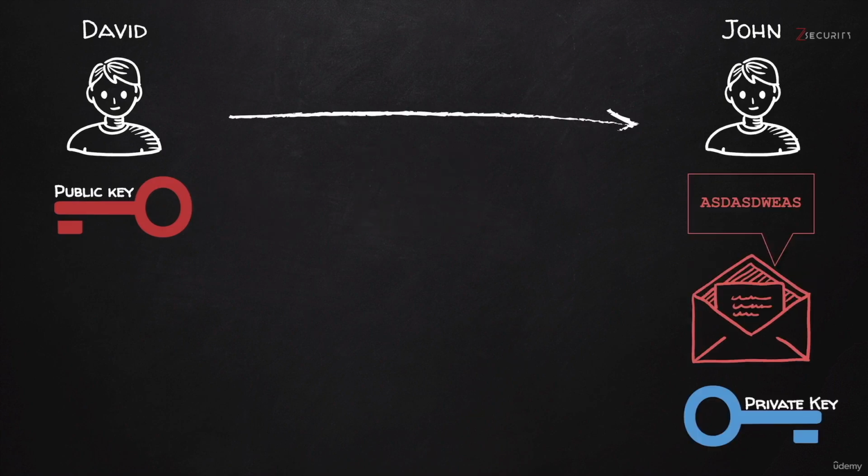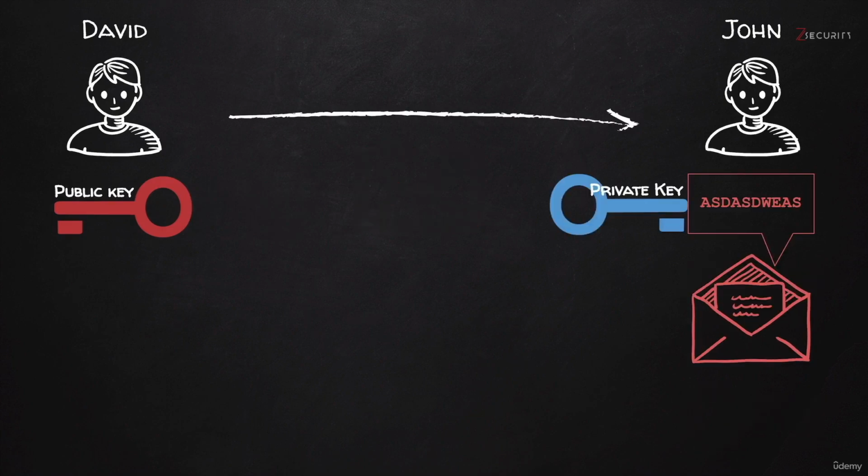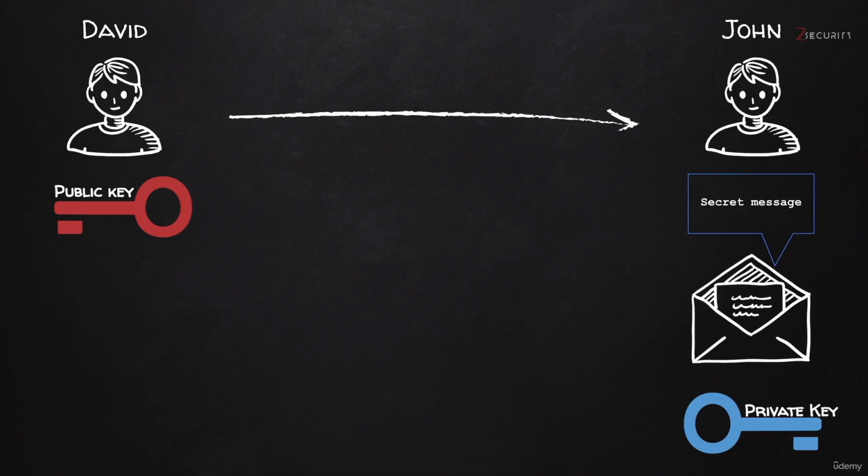The message will be unreadable unless the private key is used to decrypt it. As you can see throughout this whole scenario, the private key never left John. So John never shares the private key, and it is the only key that can be used to decrypt the data. Therefore, this implementation is very, very secure.